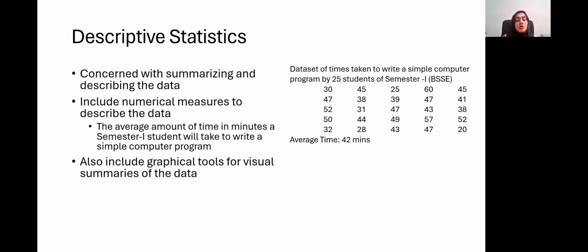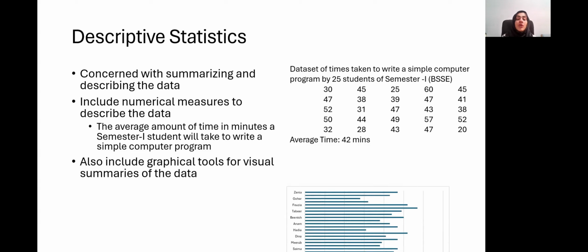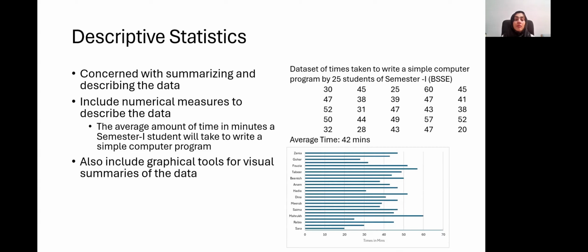Descriptive statistics also include graphical tools for visual summaries. And we know that pictures are easier to learn from. So here you can see the bar chart for the same data, and at a very quick glance, we can find out the least amount of time taken by any student is 20 minutes, and the highest amount of time taken is 60.